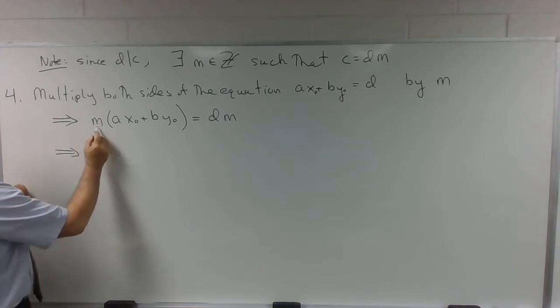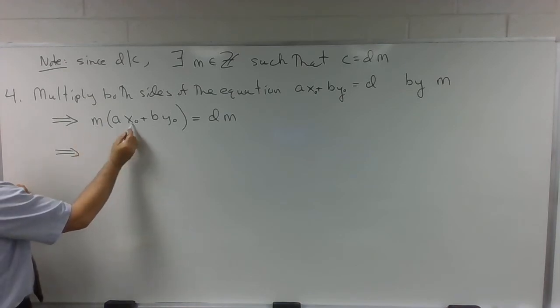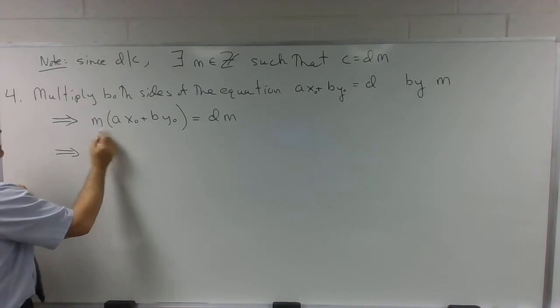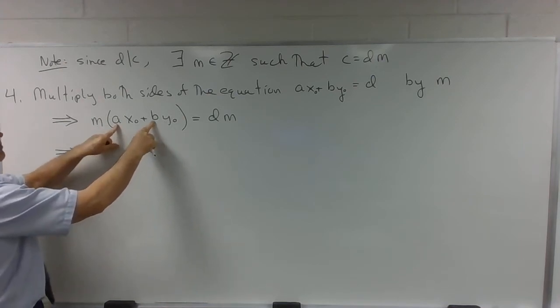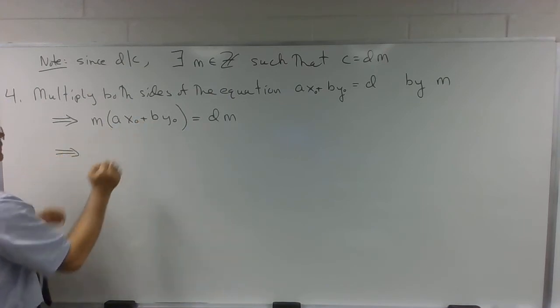I'm going to take the m and multiply it by x naught, and multiply it by y naught, so that the values of a and b, or the identities of a and b, are preserved in this equation.